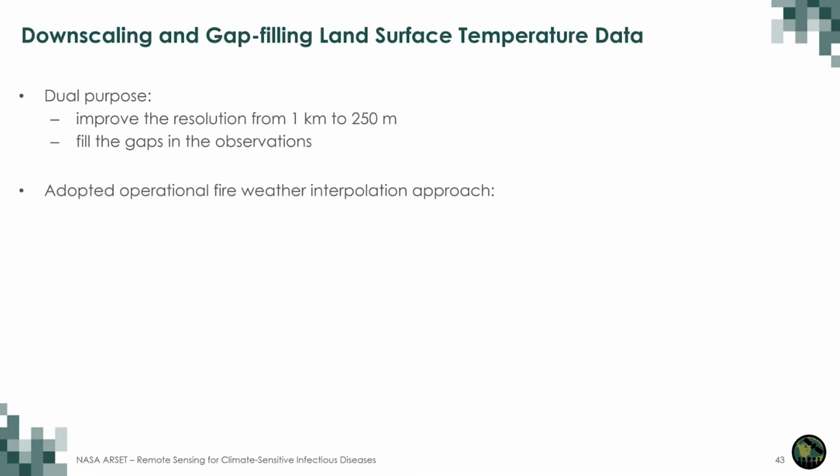We adopted the approach that is used for operational fire weather interpolation. They have the same things. They have point source measurements distributed across the landscape, and they want to create a wall-to-wall gridded product.